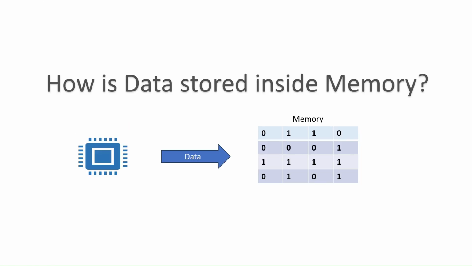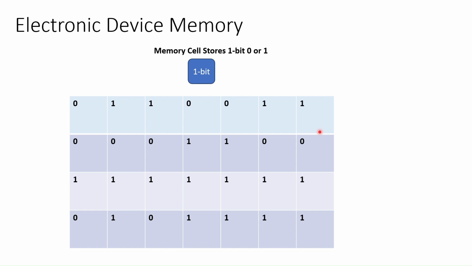So normally in any system, the memory, if you see, is just zeros and ones. Each memory cell in electronic devices is one bit, and each bit may be zero or one.